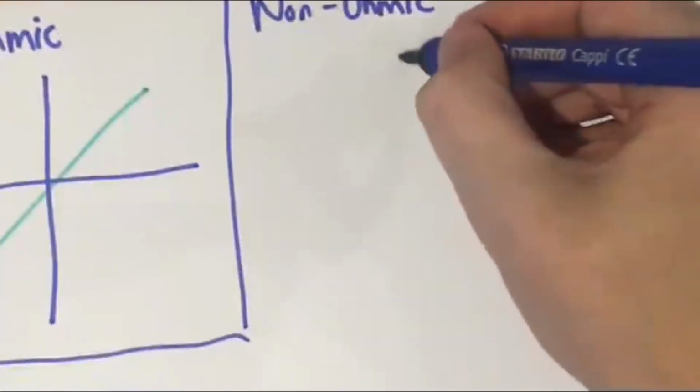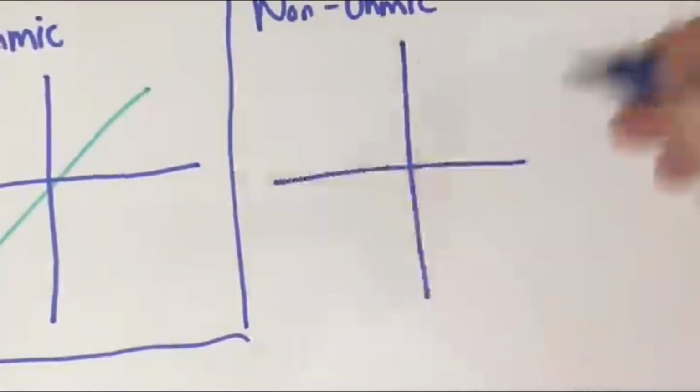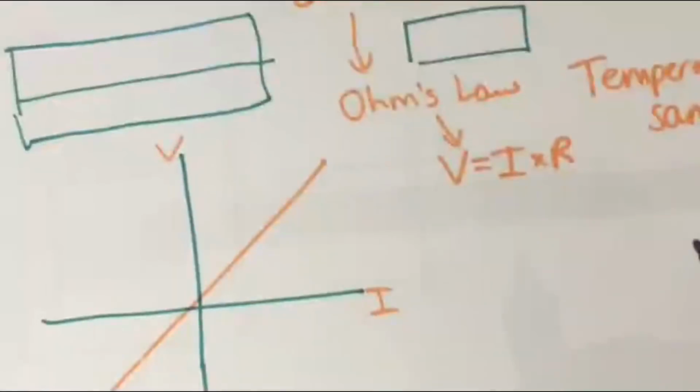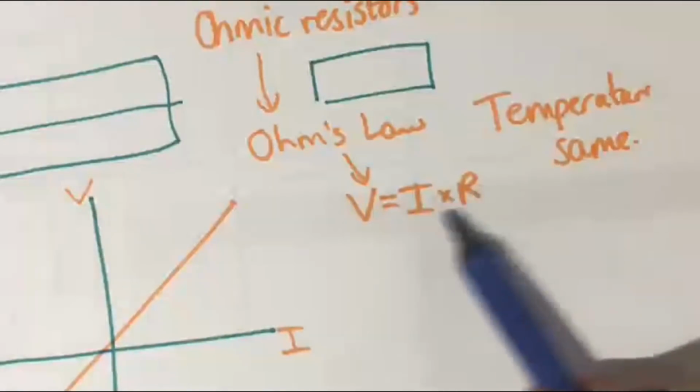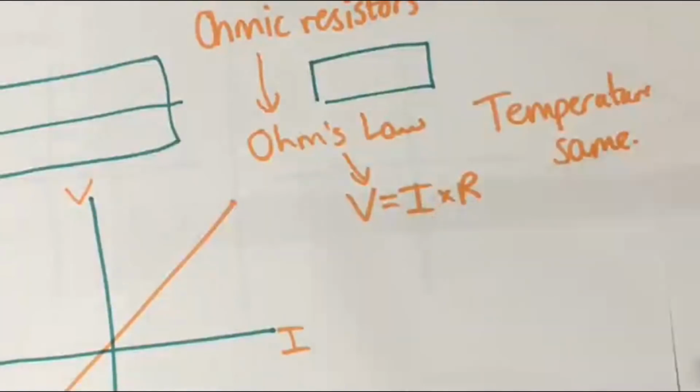You then have non-ohmic devices. These are all ones where, for some reason or another, they disobey this, be it that the temperature changes or that there's some weird thing going on with the current.